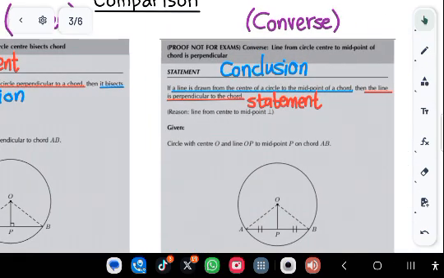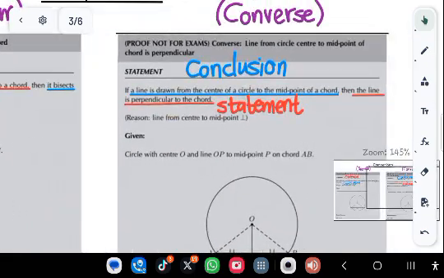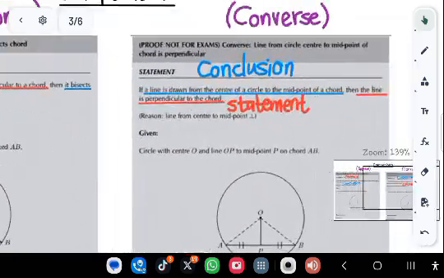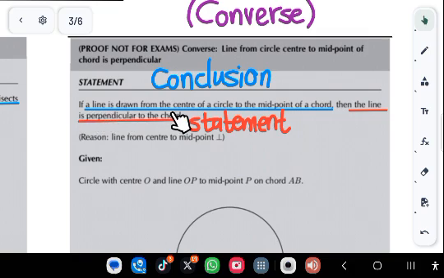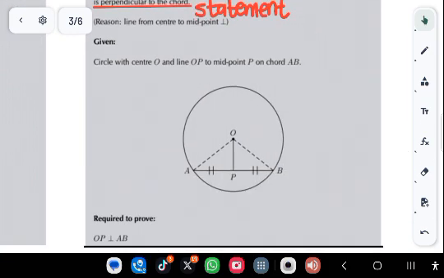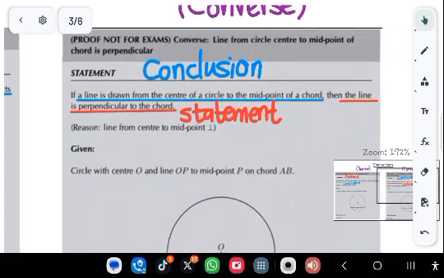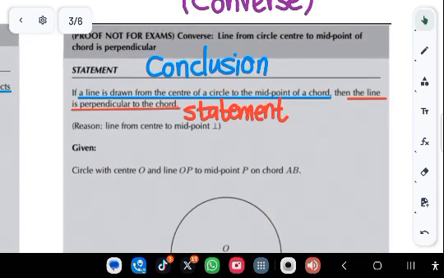In the converse, which is this theorem, we start with the conclusion of the first theorem: if a line is drawn from the center of a circle to the midpoint of a chord. So we start with the bisection, right? OP bisects AB. That's what we start with. In the first one, we were proving that. But the statement of the first theorem is now the conclusion here: the line is perpendicular to the chord.